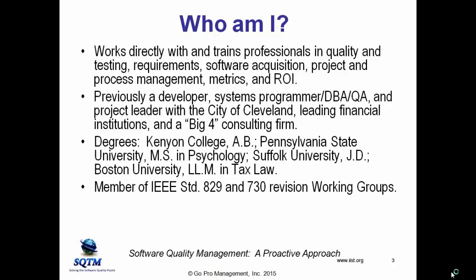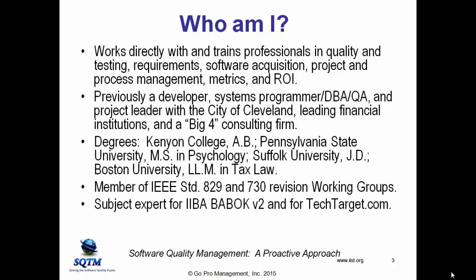We're going to be referencing some of that in this. And I'm pleased that the concepts of my proactive software quality assurance approaches were incorporated in the major revision of IEEE Standard 730 on software quality assurance that came out in 2014.